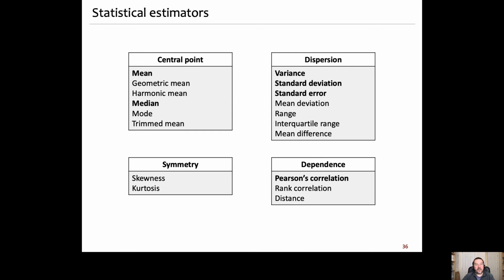There is standard error, mean deviation, range, interquartile range, and mean difference, and others as well. There are estimators that I didn't mention, which tell you something about symmetry of your data, which is skewness and kurtosis, and dependence, like Pearson's correlation coefficient, rank correlation, distance, and many others.